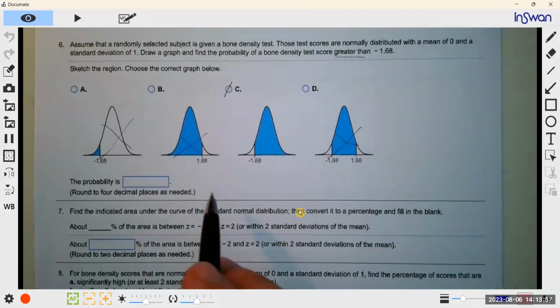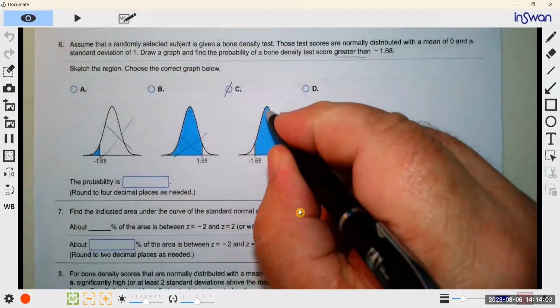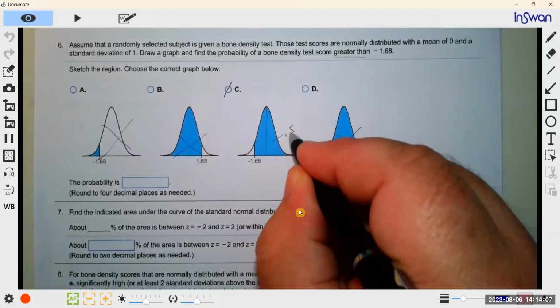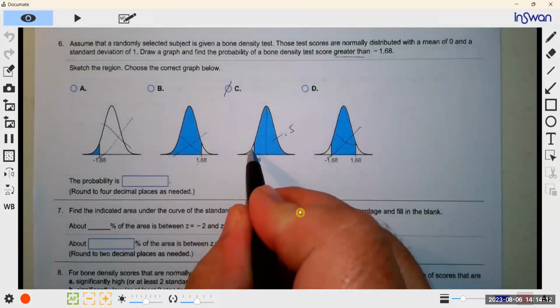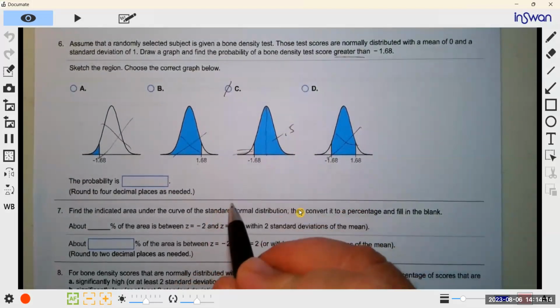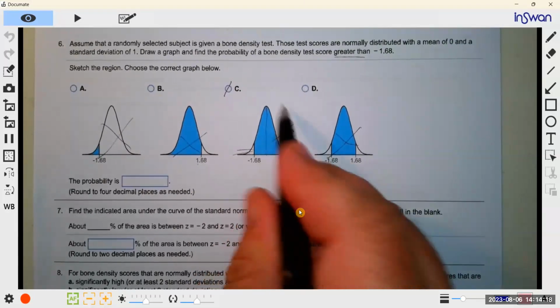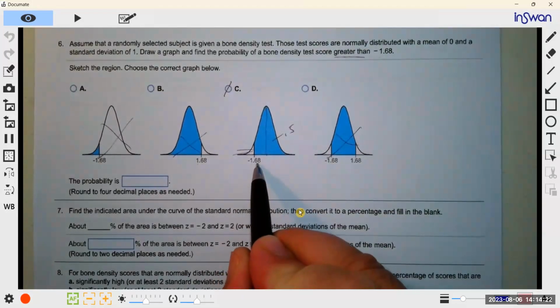All right, so now let's look at what the value is of that one. It's going to be pretty big because remember, this half is 0.5. Now we have to find from our chart this amount, subtract it from 0.5, or take this value and subtract it from 1. So let's go look for negative 1.68.